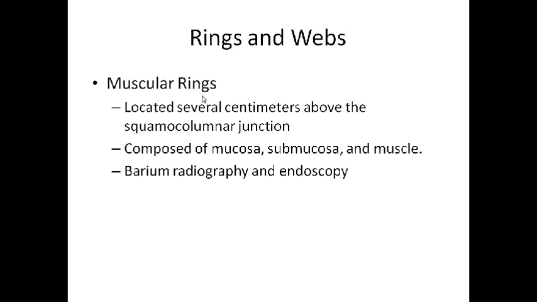And again, our first imaging is going to be barium radiography, and also, especially if we want to see any kind of ulcerations or erosions, any kind of abnormal tissue material, we want to do an endoscopy.